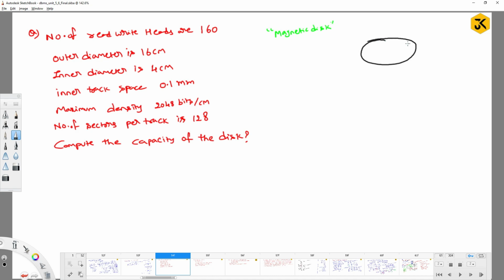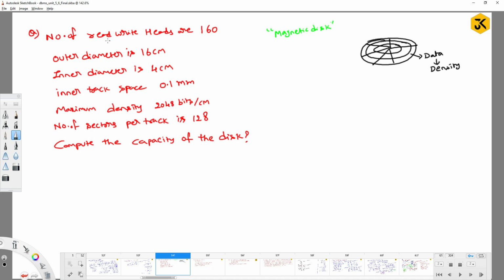Each platter internally contains a set of tracks, and each track is again divided into sectors, and each sector contains data. We can define this data in terms of density, meaning the number of bits we are going to store per centimeter.